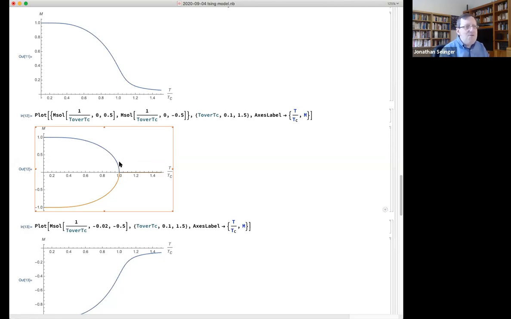If there's a big magnetic field, then the curve is smeared out a lot, and then you just get something that gradually increases, and it doesn't show much of a change near the temperature T_C. So yes, that's what you're noticing, is how a small field gives a small smearing of this effect, and a big field gives a big smearing of this effect.